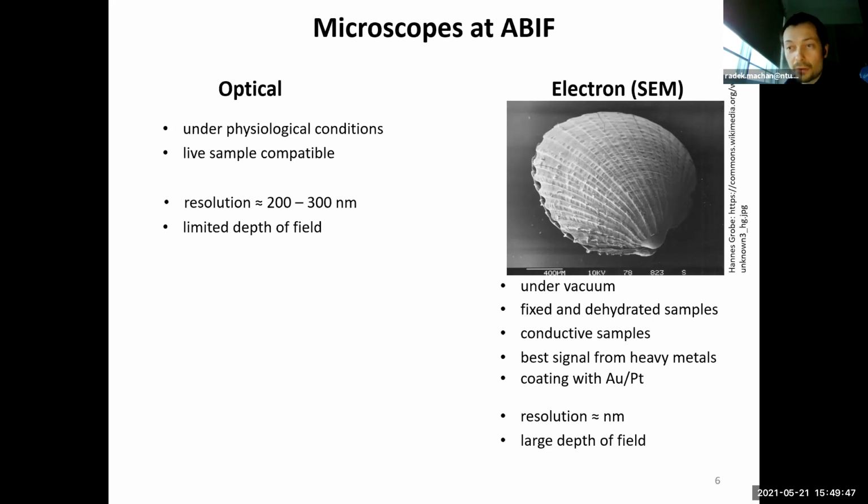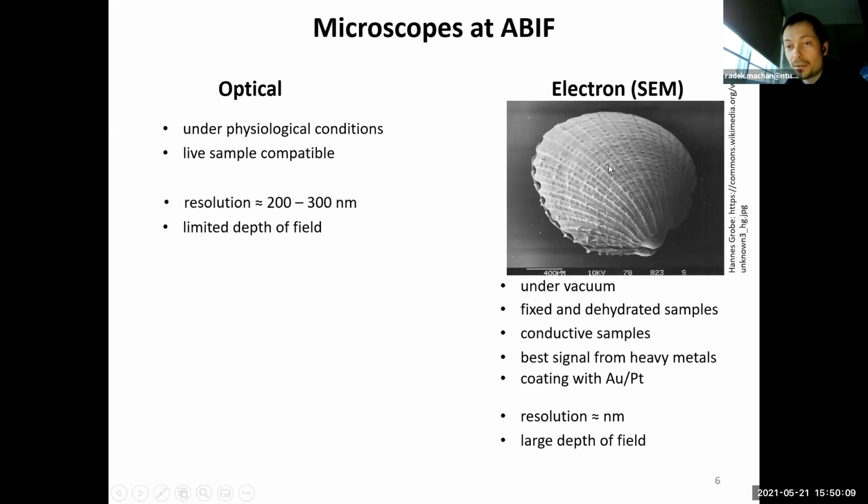The large depth of focus can be both a curse and a blessing, because I can see a whole large sample with each part of it in focus, but it makes it very difficult to do three-dimensional imaging in SEM.